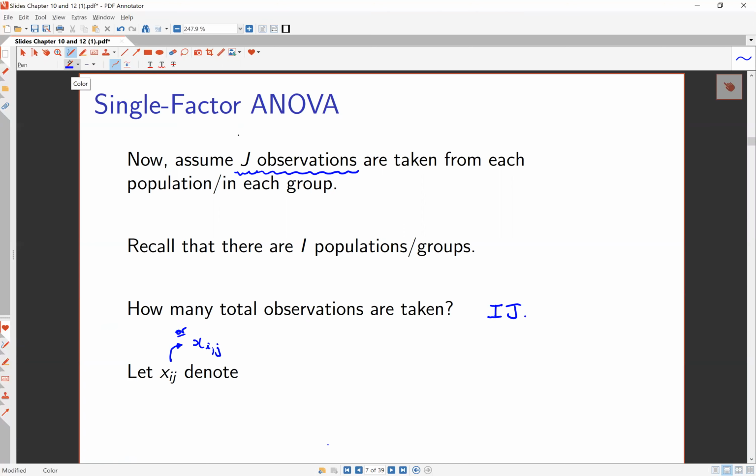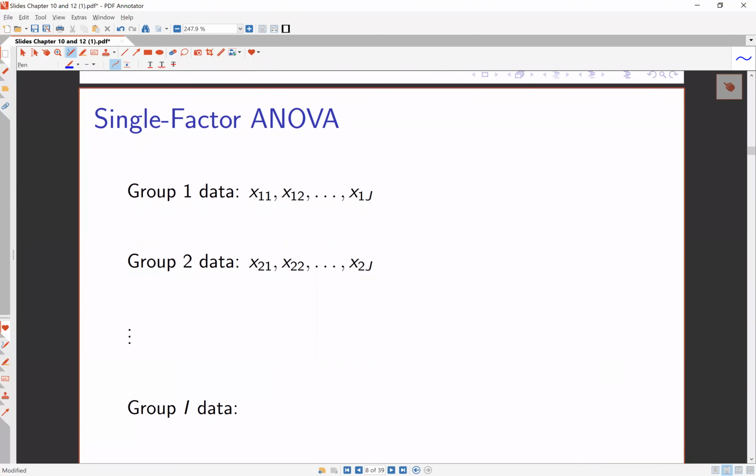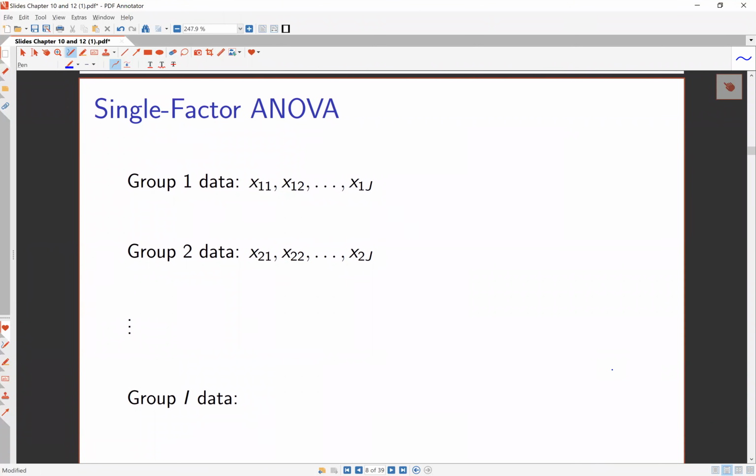So what does this mean? If you see x subscript ij, then it's telling you that that is the jth observation from the ith population or group. So let's get a little bit more specific just to illustrate this. Say we're looking at group 1 or population 1. Then the data corresponding to that group would be x11, x12 through x1j.